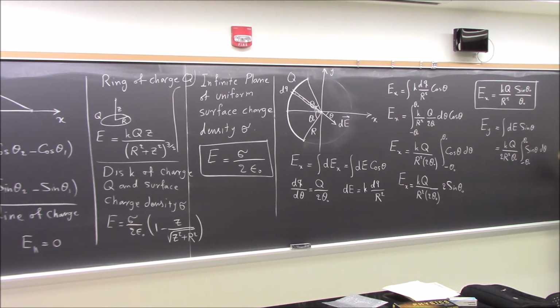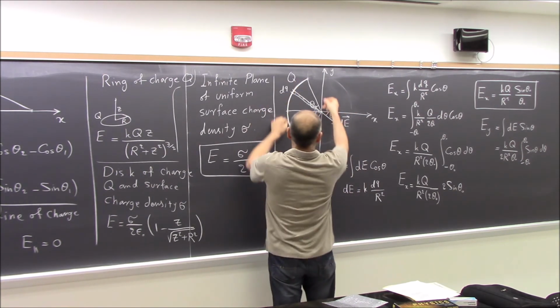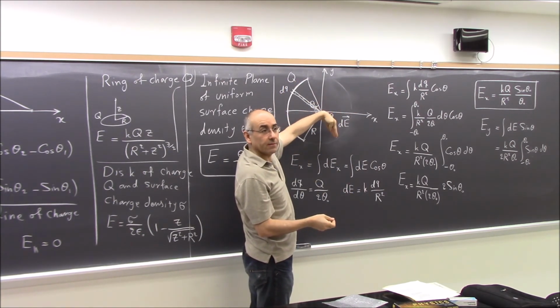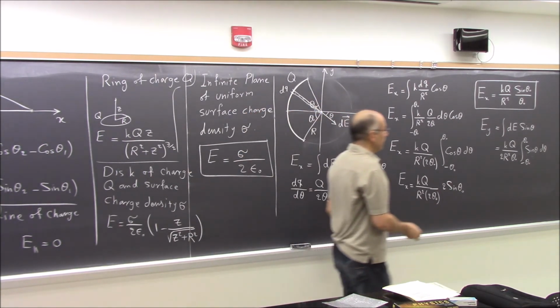What is this integral? Sine is an odd function, right? When you integrate over a symmetrical interval, you get 0. And you should expect that, because when you add all the contributions from these dE's, they don't create any y component. So Ey is 0.